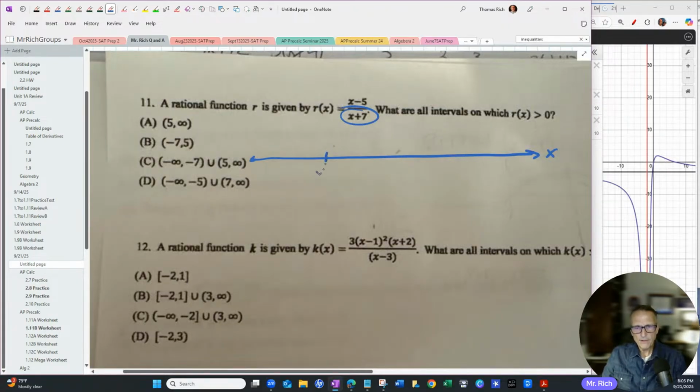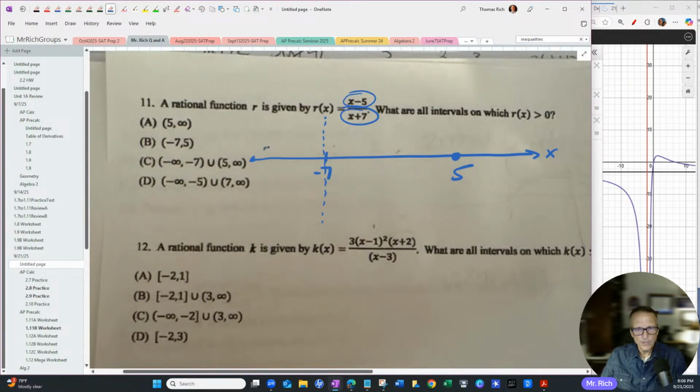So we are going to plot the value -7 right there. And I'm going to make a dashed line here just to remind myself that that's the location of the vertical asymptote. In the numerator, we do have x minus 5, which means we have an x-intercept at 5. There's no holes anywhere, so those are the two features that we're going to plot.